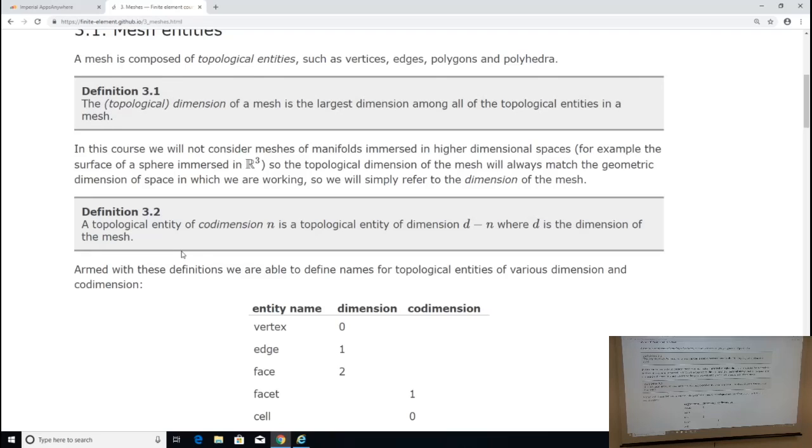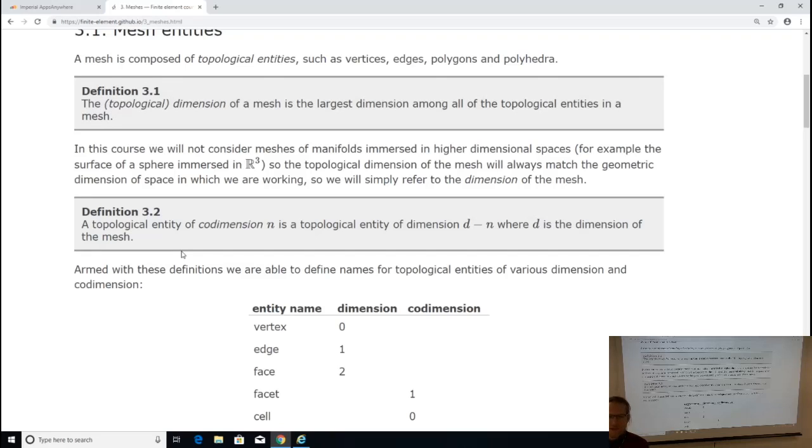So a codimension 0 object is an object which has the same dimension as the space you're in. So those are the cells. So in 1D, cells are edges. They have dimension 1. The space has dimension 1, so that means they have codimension 0. That makes them cells. In 2D, the cells have dimension 2, which is the same as the space. Again, it's codimension 0. So that's why codimension is useful.